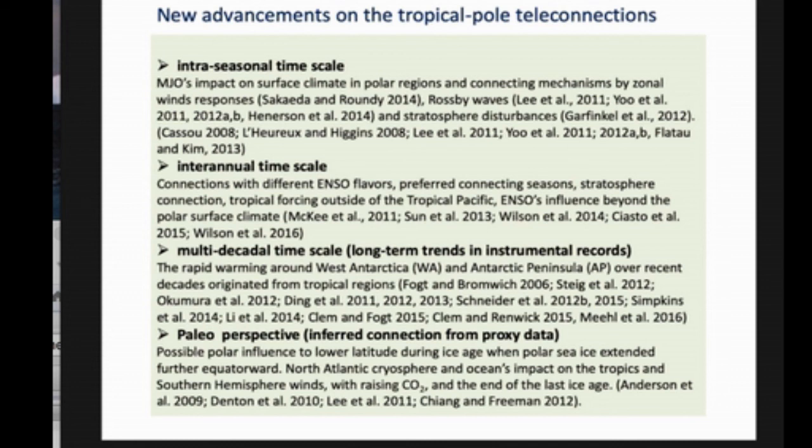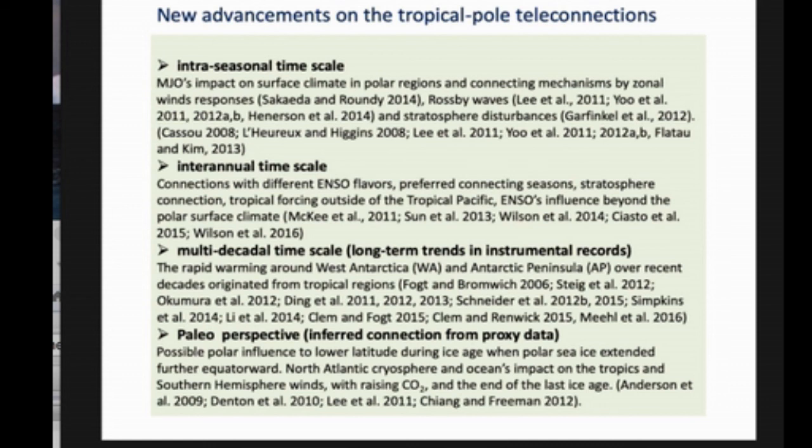It is one of the things we need to understand further: how polar processes interact with remote forcing to generate anomalies in the high latitudes. This still needs lots of work. It's still a scientific question, and people have started to discover some of it, but not all. There are lots of processes remaining for us to understand.